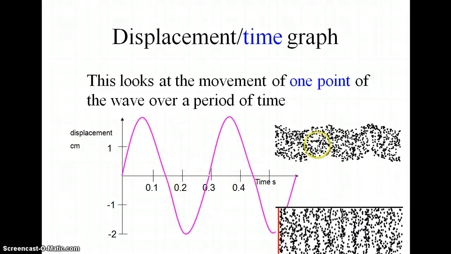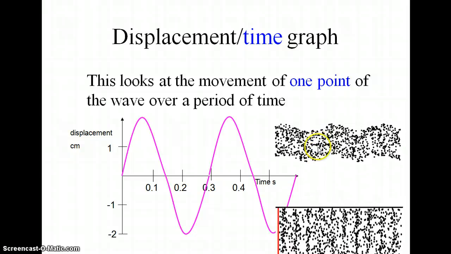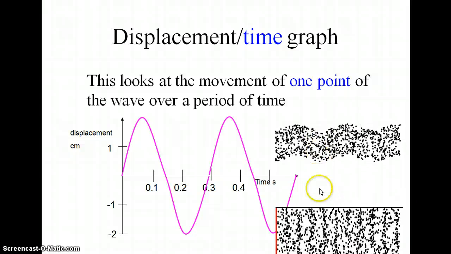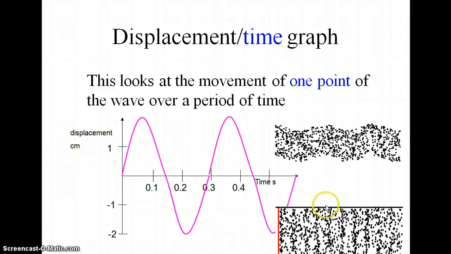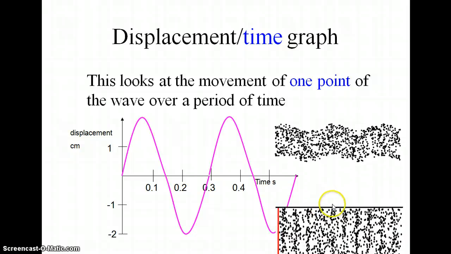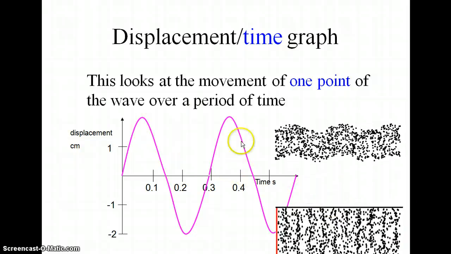And in a transverse wave, of course, the displacement is perpendicular to the direction of energy transfer, but in a longitudinal wave, the particles are moving parallel to the direction of energy transfer, okay?